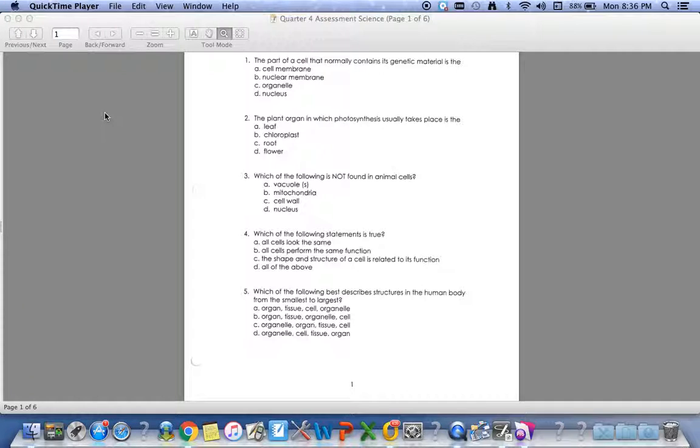A. Organ, tissue, cell, organelle. B. Organ, tissue, organelle, cell. C. Organelle, organ, tissue, cell. Or D. Organelle, cell, tissue, organ.